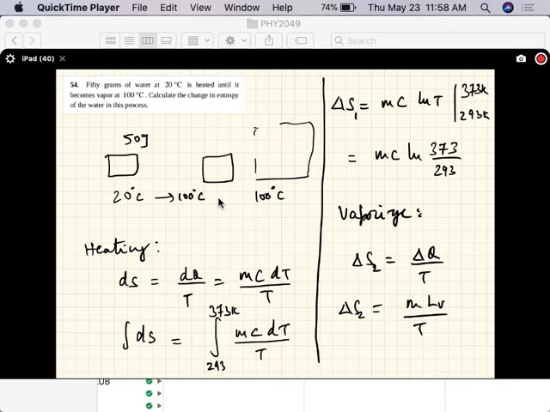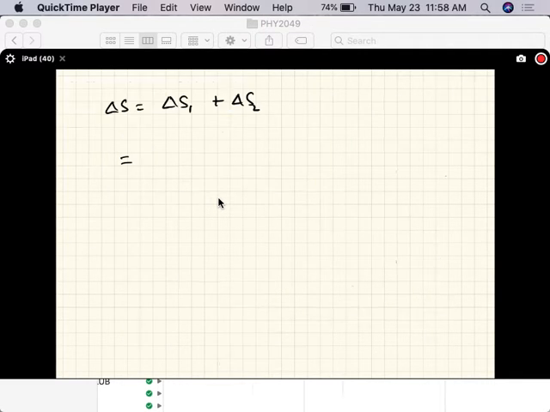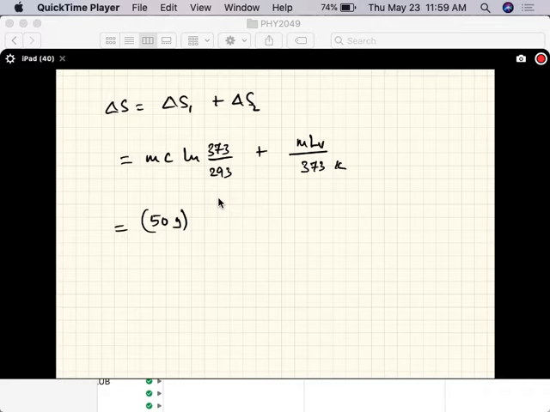What is S1? It's m c log 373 divided by 293. All right, mass is 50 grams, and I will use mixed units.